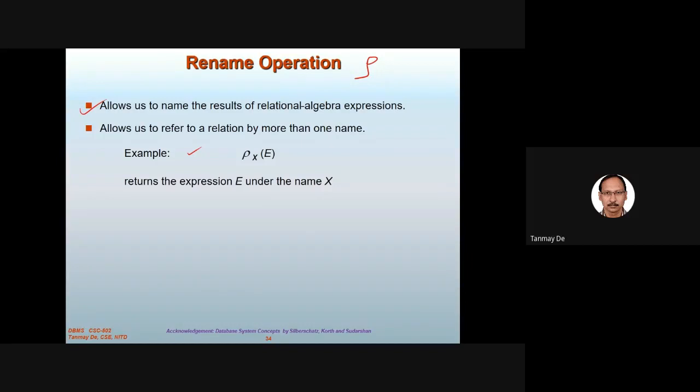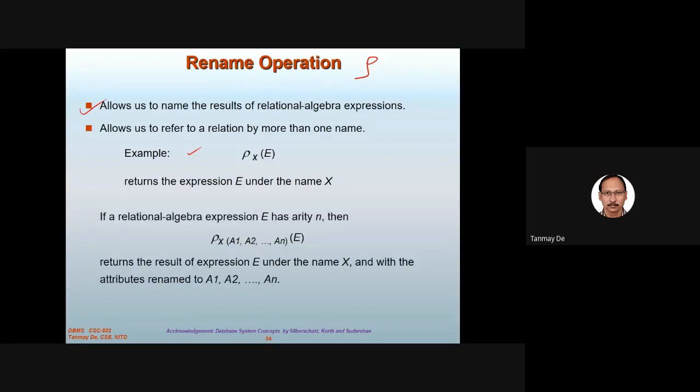So the relation or relational algebra expression e is given another name, x. If the relational algebra expression e has arity n, what is arity? I already told you in my previous class, arity means the number of attributes.